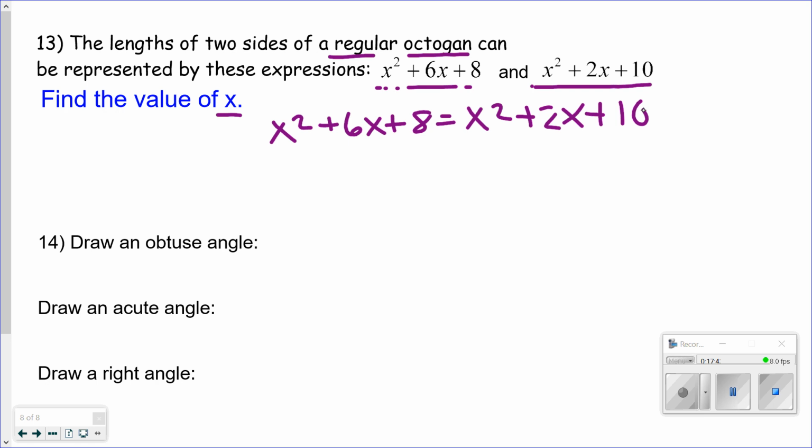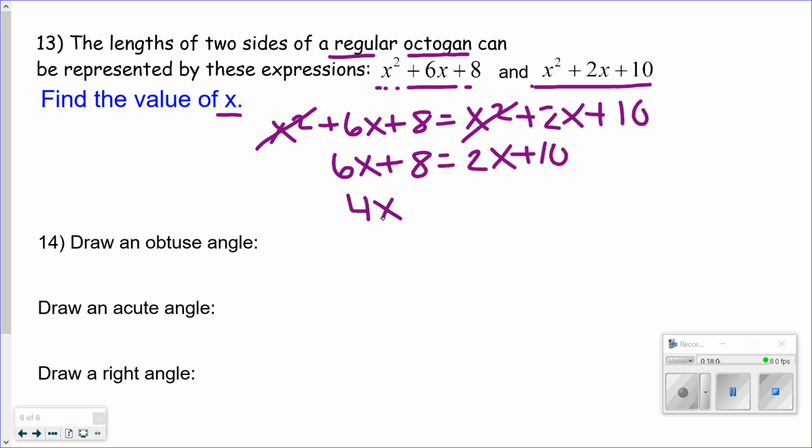All right, so what's kind of nice about this problem is that I see x squareds. Those x squareds look a little scary, except if something's on both sides of the equal sign, they cancel out. So then I'm left with 6x plus 8 is equal to 2x plus 10. Now I have an easy problem. So I'm going to subtract 2x from each side.